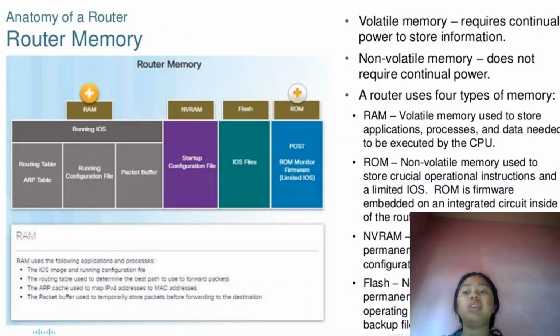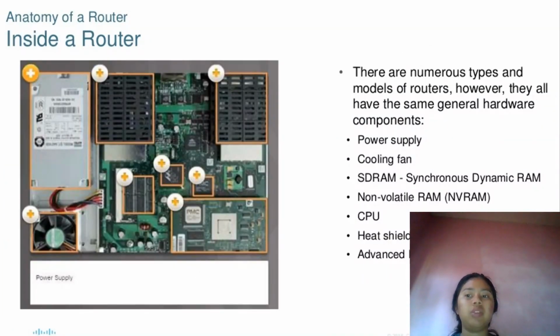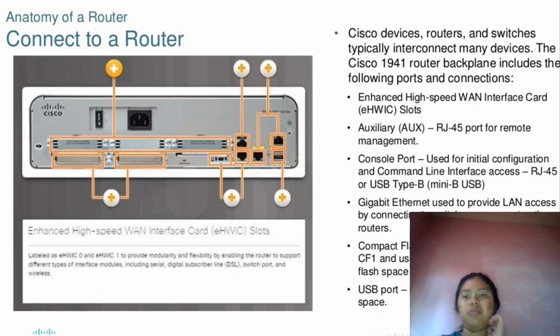Router memory. The anatomy of a router: volatile memory, non-volatile memory. A router uses four types of memory: RAM, ROM, NVRAM, and flash. Inside of a router: power supply, cooling fan, SDRAM, non-volatile RAM, CPU, heat shields, and advanced integration module.